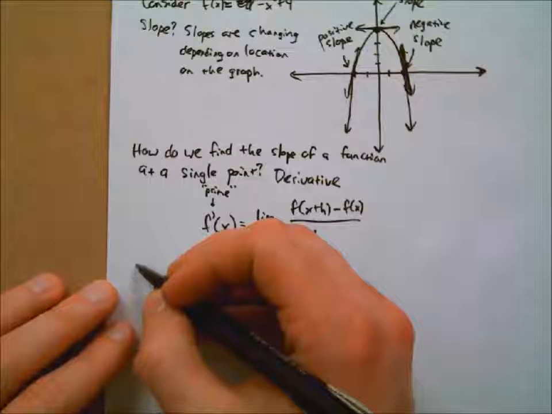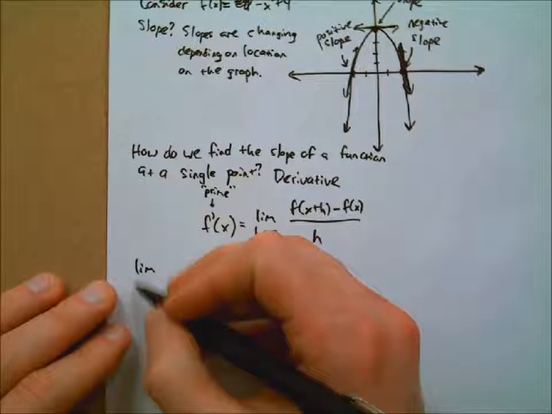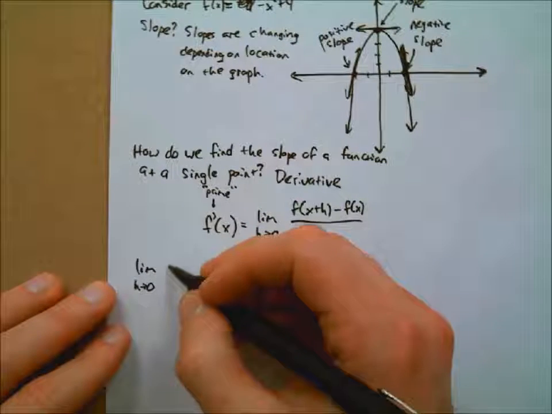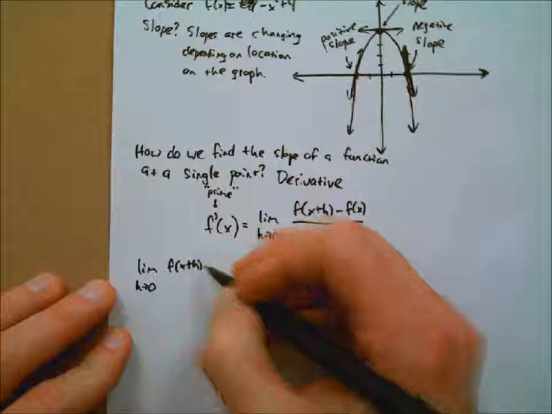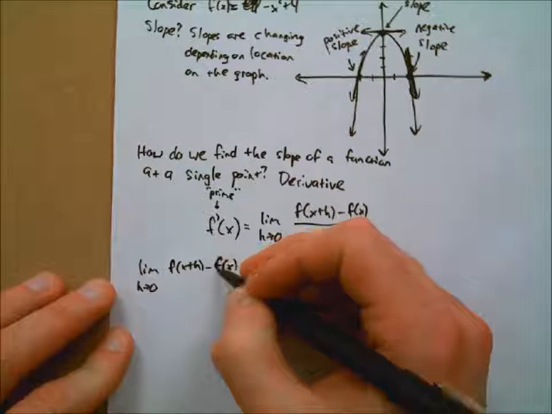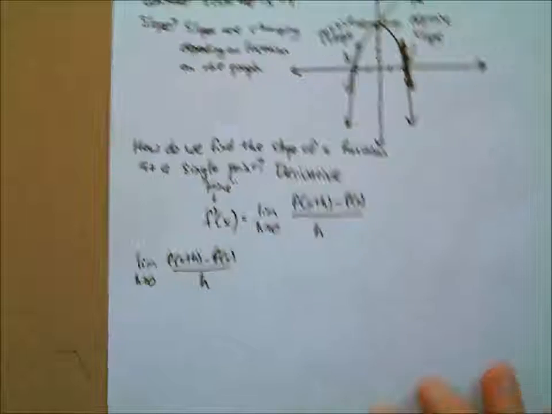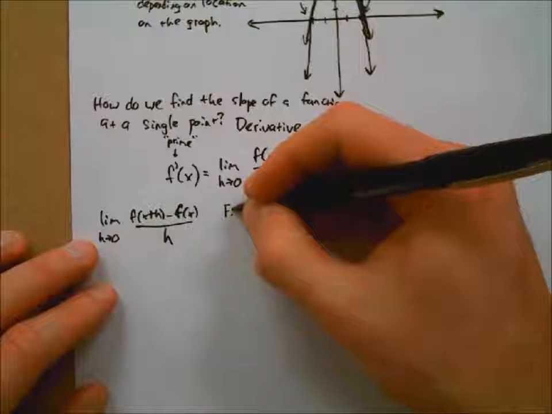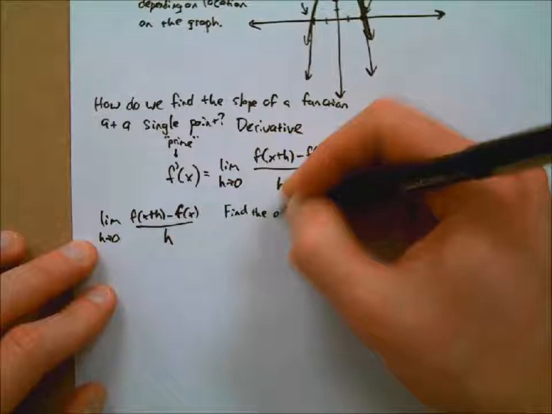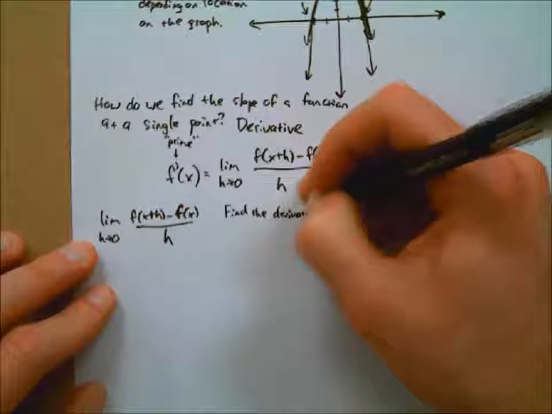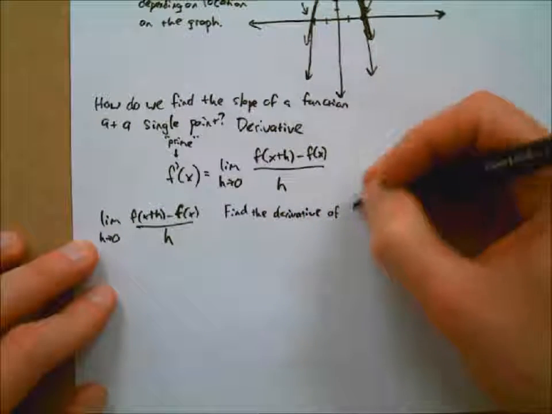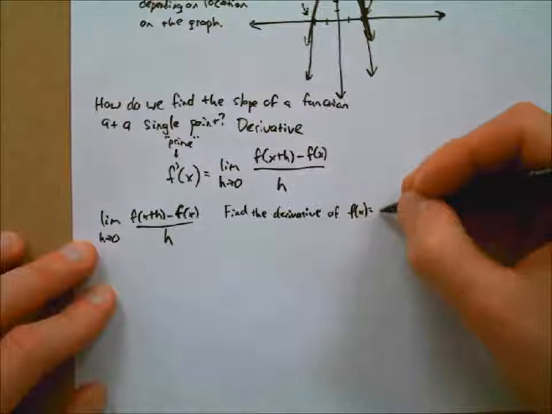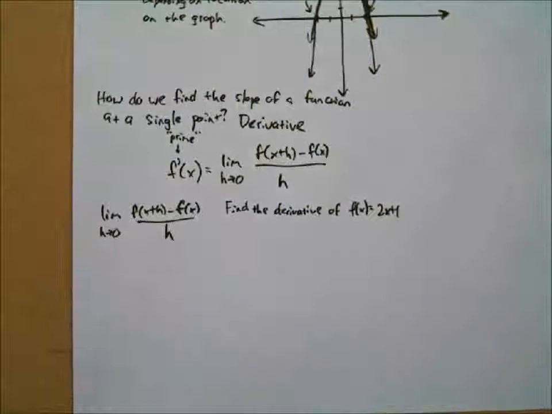So let's see here. We'll take the limit as h approaches 0 of f of x plus h minus f of x all over h. I'm just writing the definition of the derivative, and now I'm going to actually substitute in. We're going to find the derivative of f of x equals 2x plus 1.